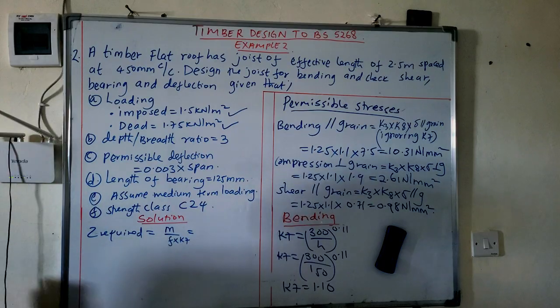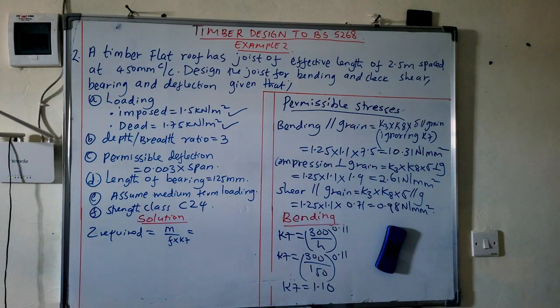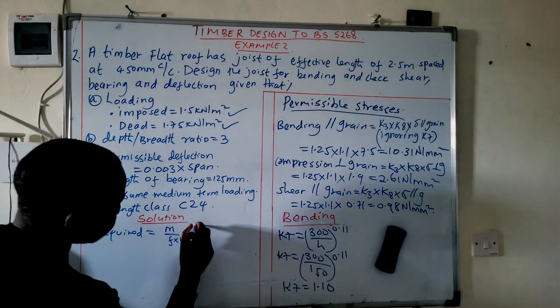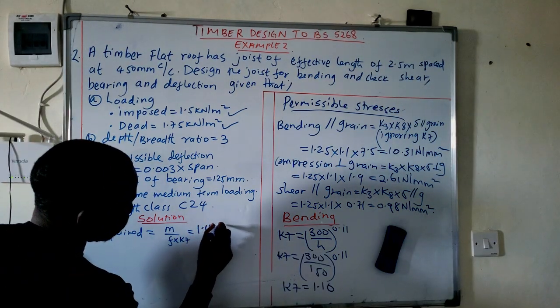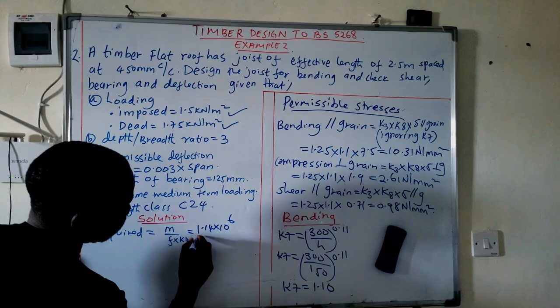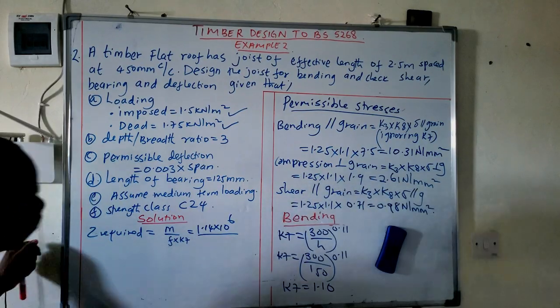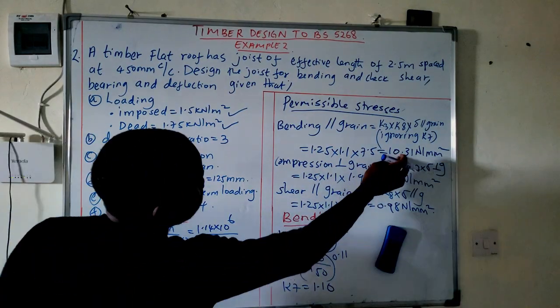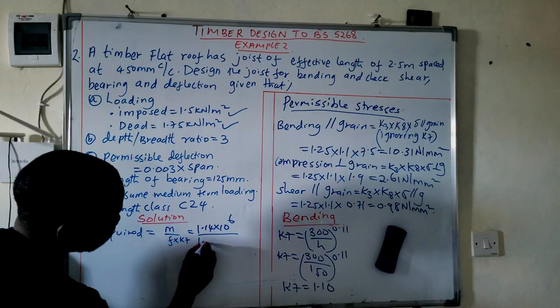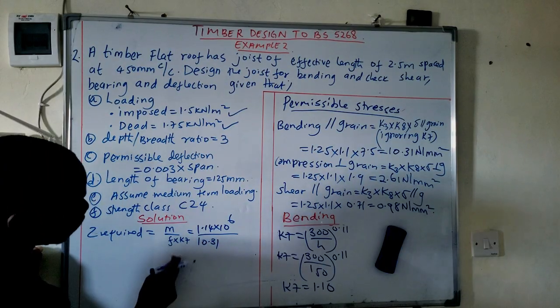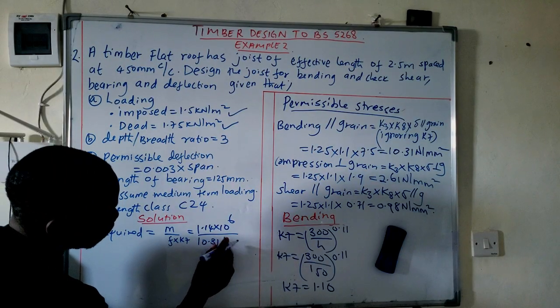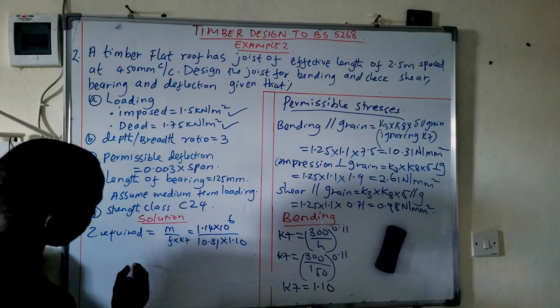So our M is 1.14 times 10 raised to the power 6, over F. F is this one, 10.3, times K7, which is 1.10.